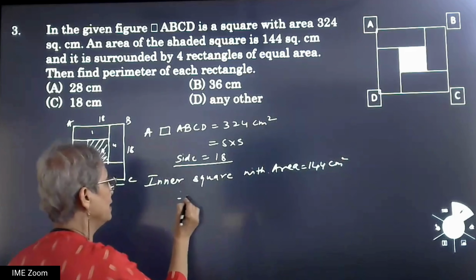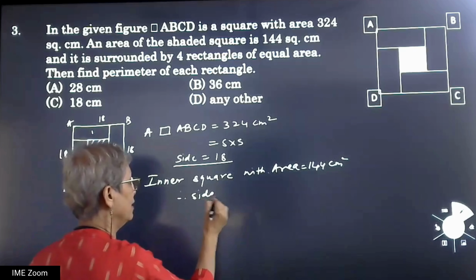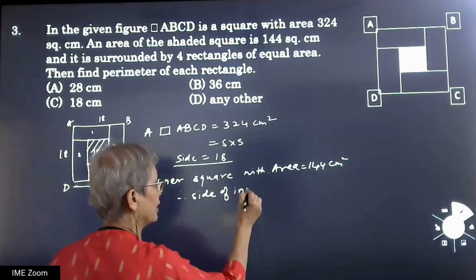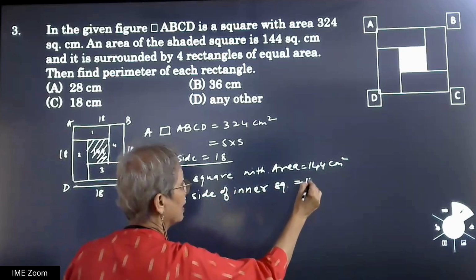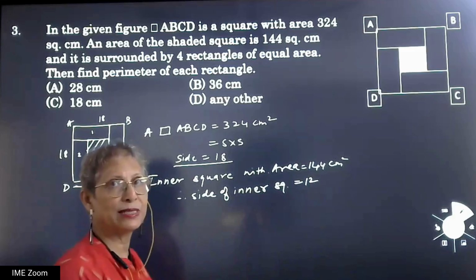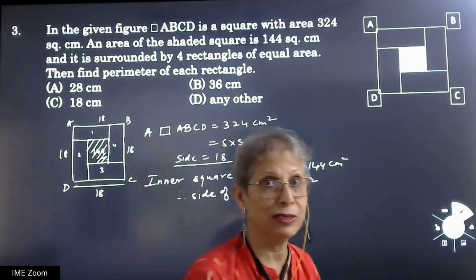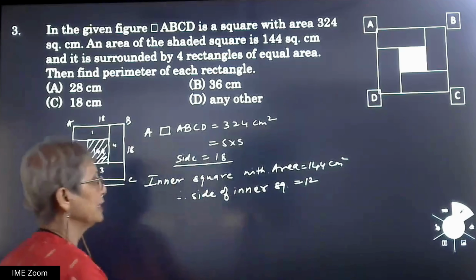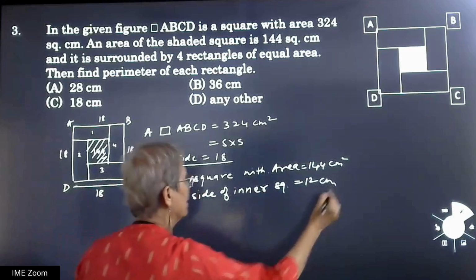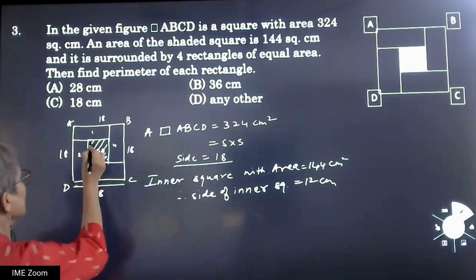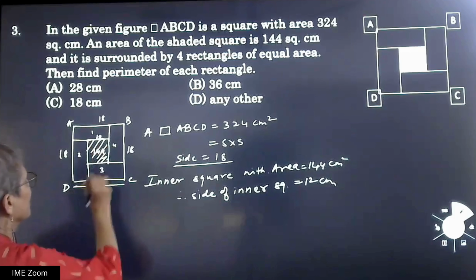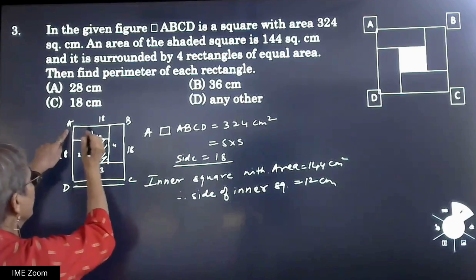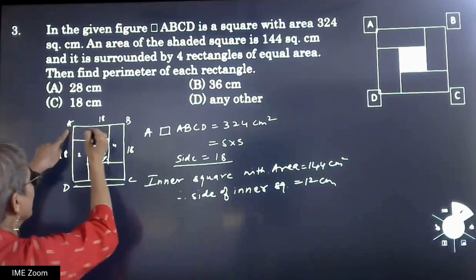And therefore the side of the inner square is 12. 144 is the square of 12. You have to learn square numbers also. So it is 12 centimeters. Now look here, this part is 12. This part is 12, and this whole side AB is 18.